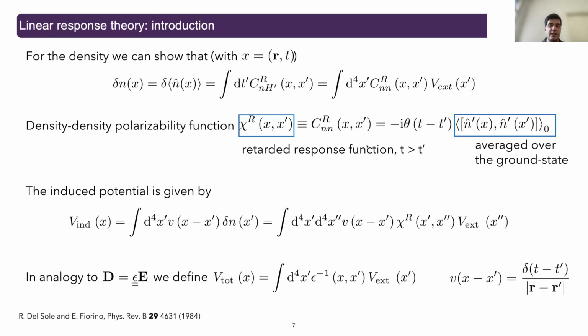Such a change in density also induces a new contribution to the electric potential, and we follow Coulomb's law to arrive at a relation between the induced potential, chi, and the external potential, where the lowercase v is the instantaneous Coulomb potential. In analogy with what we did for the macroscopic displacement field, we can define the inverse microscopic dielectric function via the following relation between the total potential and external potential.